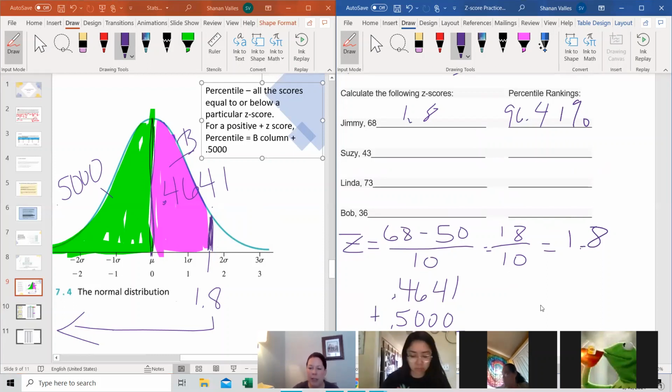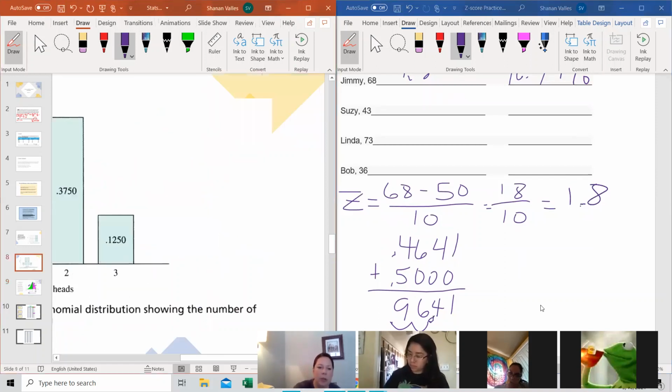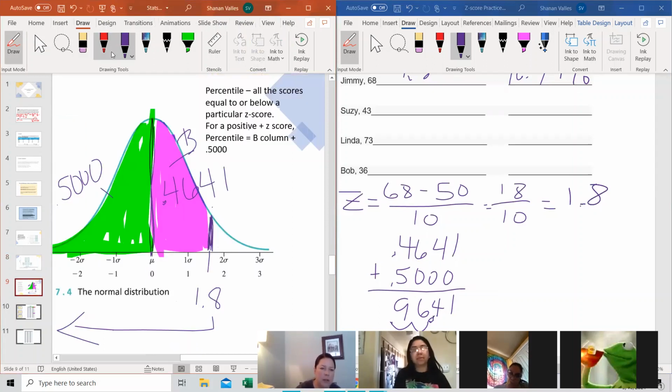Do you guys see how I did that? For percentile, it's everybody that's equal to a score and below.